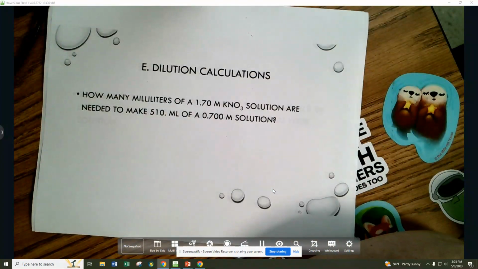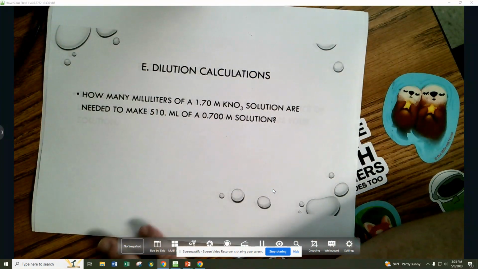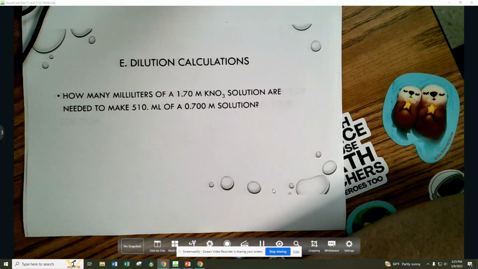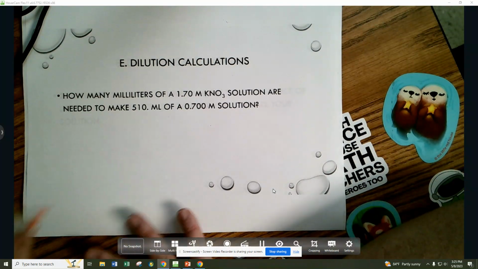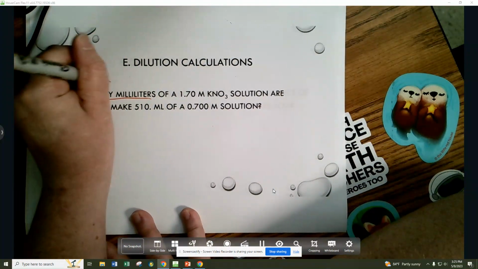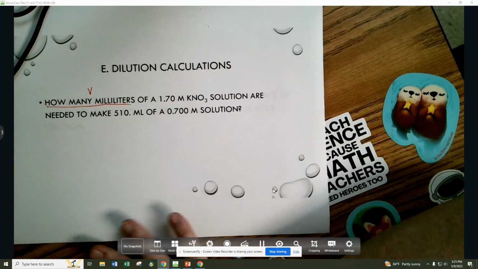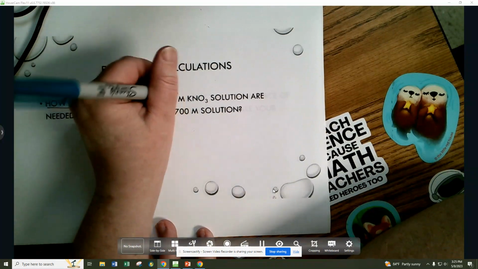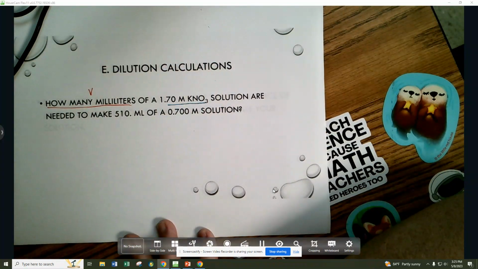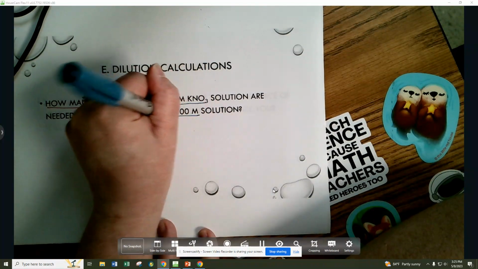Okay, so it asks how many milliliters. So we're finding volume, so volume is going to be my question mark. How many milliliters of a 1.7 molar potassium nitrate solution are needed to make 510 milliliters of 0.7 molar?